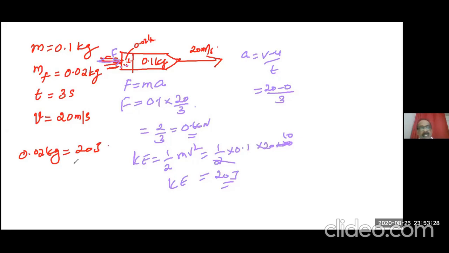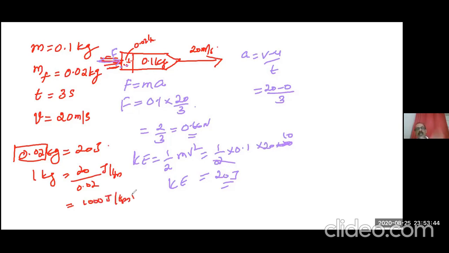Therefore, 1 kilogram contains how much energy? 20 by 0.02, that is 1000 joule per kilogram. That means if you take 1 kilogram of fuel, 1000 joules of energy will be there. Is it clear? Yes, sir.